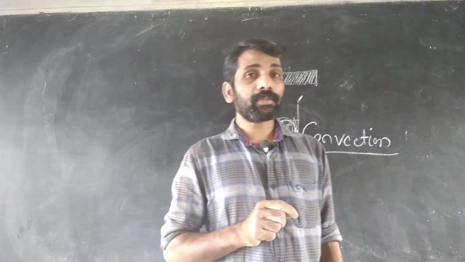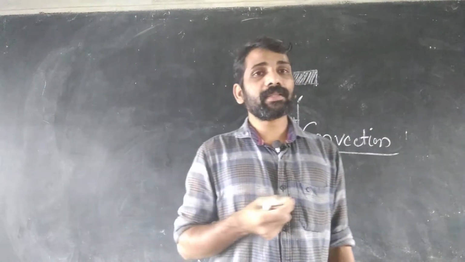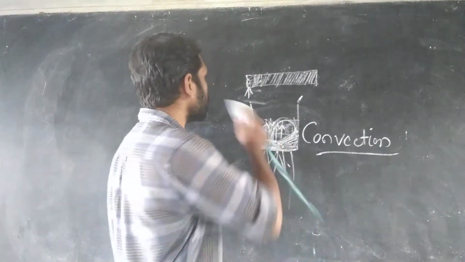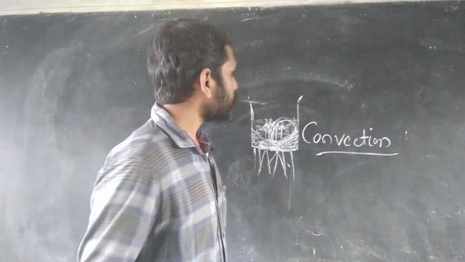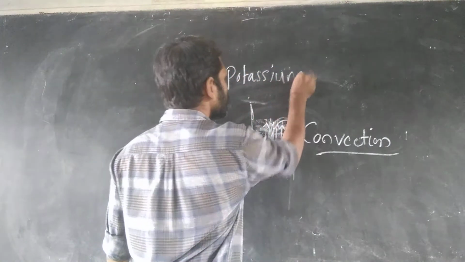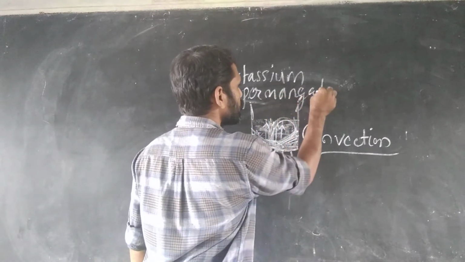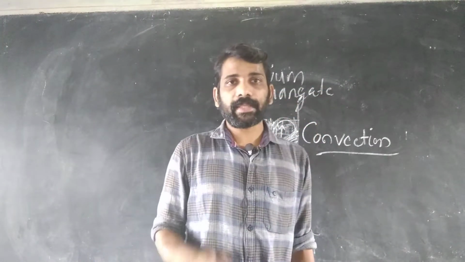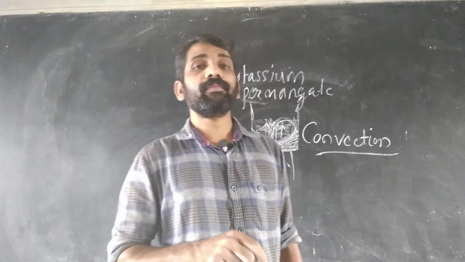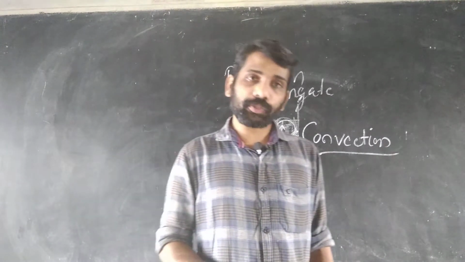And also we have to put some crystals of potassium permanganate. Potassium permanganate is a crystal, a powder which looks like the crystals of salt or sugar.